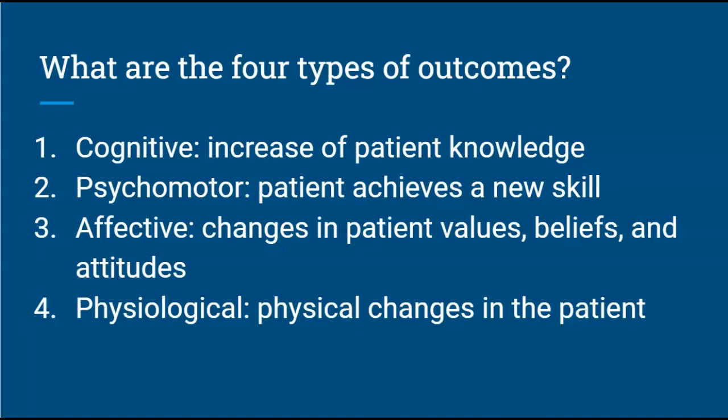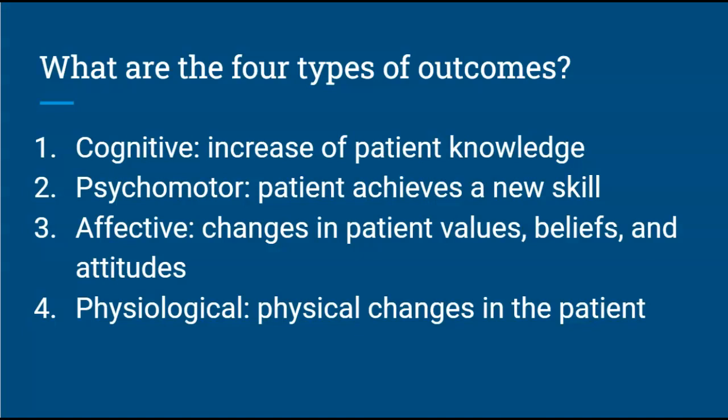And the affective one is when the patient changes their values, beliefs, and attitudes. So that could be anything like by the end of the patient's rehab stay, they will be able to tell you 3 ways to cope with their anxiety towards their addiction.